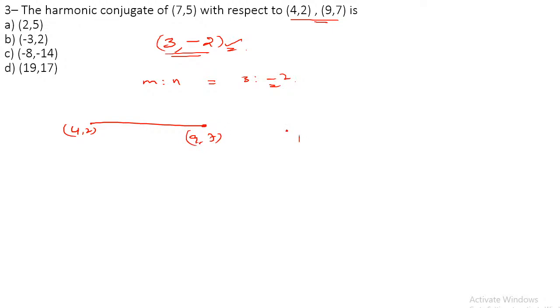There is a point P which divides this line segment joining (4, 2) and (9, 7) in 3:2. This is external division.